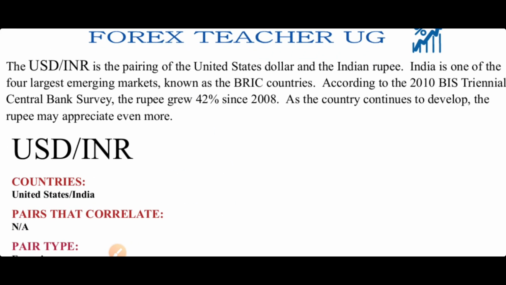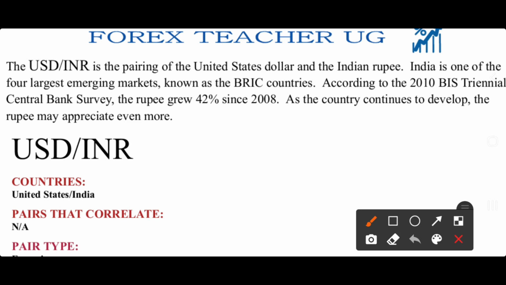So let's look at the USD and the Indian rupee. This is the pairing of the United States dollar and the Indian rupee. India is one of the four largest emerging markets known as BRIC countries. Of course, it's also developing, as we know.